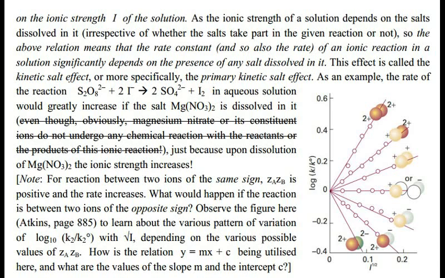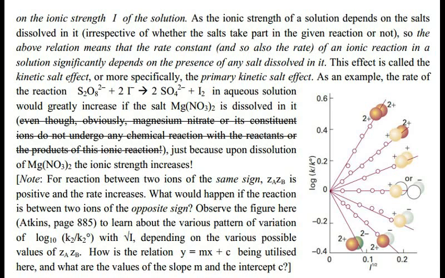So Za is equal to -2, Zb is equal to -1. Accordingly, the ZaZb product is +2. So we have the relation log of K2 is equal to log of K2 naught plus 2 into ZaZb, which is +2, into constant A into square root of I, the square root of ionic strength.